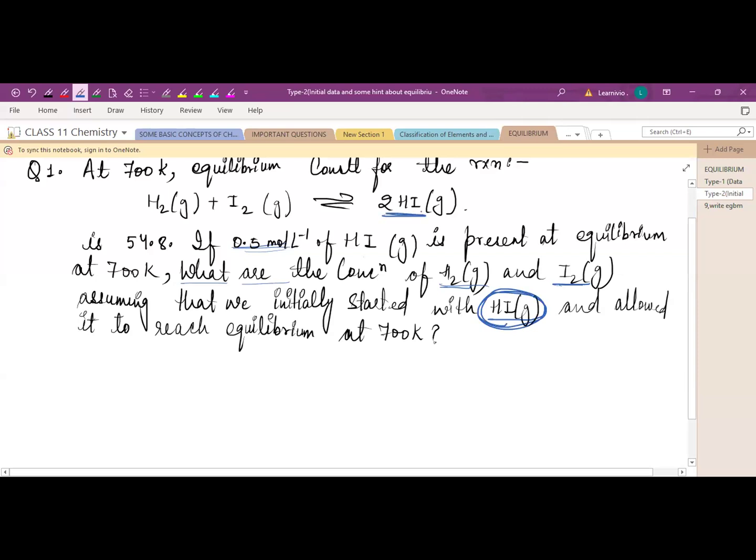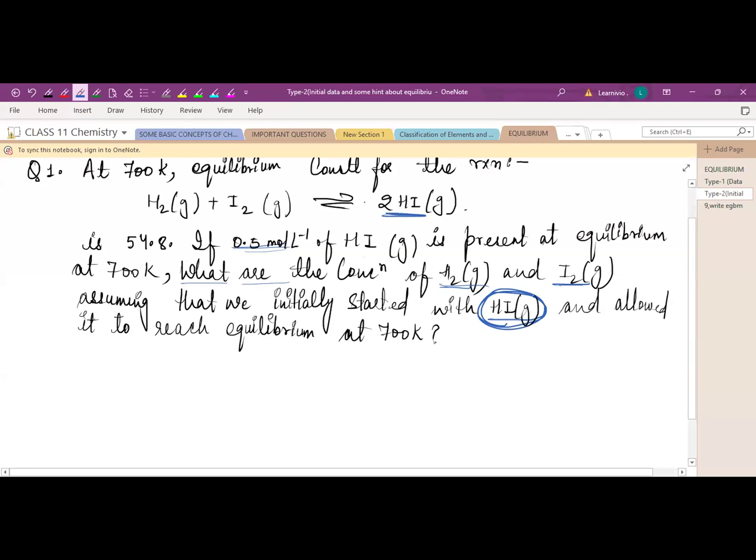And what is HI over here? HI is the product if you consider this as a forward reaction. But the question says you have to start the reaction from HI. So what does this mean?